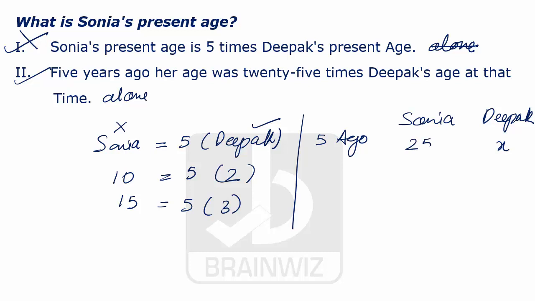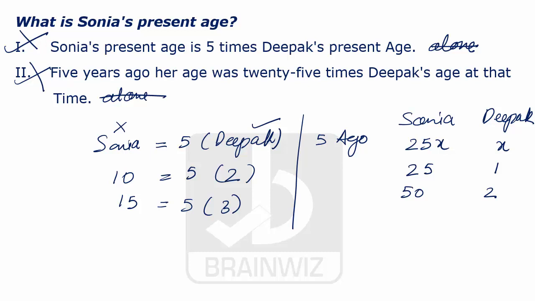Sonia is 25 times Deepak. Again, the same situation arises. We have no idea about the age of Deepak. If Deepak is 1 year, Sonia will be 25 years at that time. If Deepak is 2 years, Sonia will be 50 years old. So statement 2 alone is not sufficient to answer.